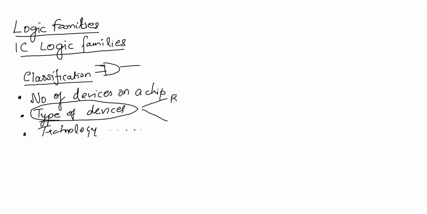One is BJT based, another is MOS based. BJT based technologies are going to use NPN and PNP transistors, which are bipolar junction transistors, and in addition they can use diodes, either normal diodes or Schottky diodes. And MOS based technology will use MOSFETs.